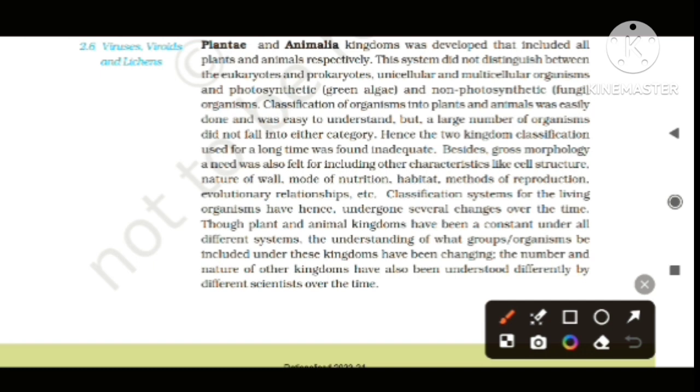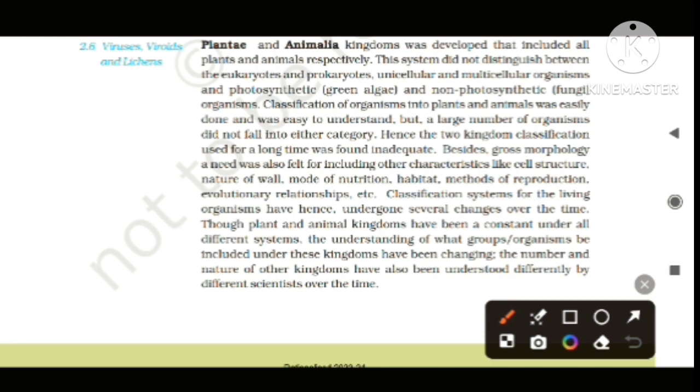Besides gross morphology, a need was also felt for including other characteristics like cell structure, nature of wall, mode of nutrition, habitat, methods of reproduction, evolutionary relationships, etc. We used these terms also. We took all these into account, and then we classified it.